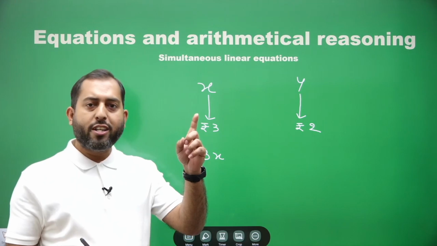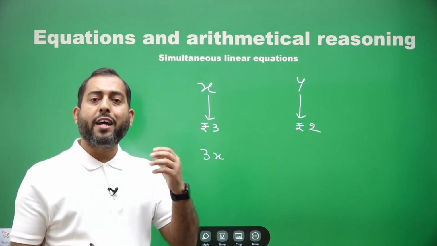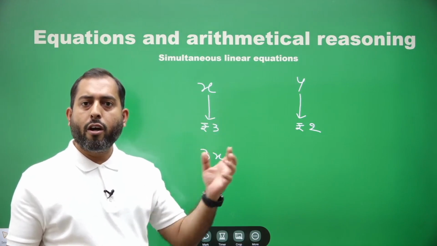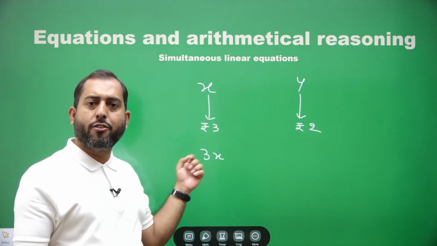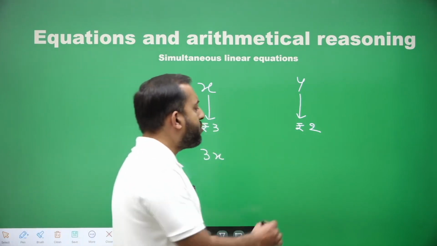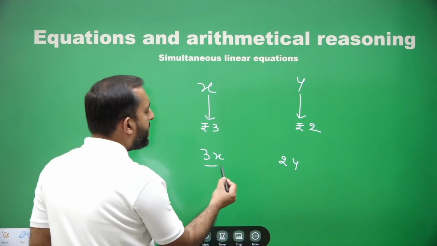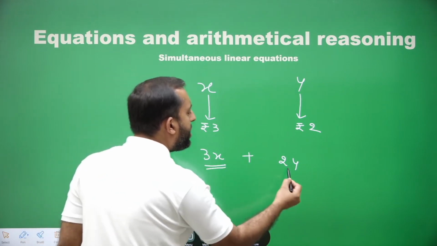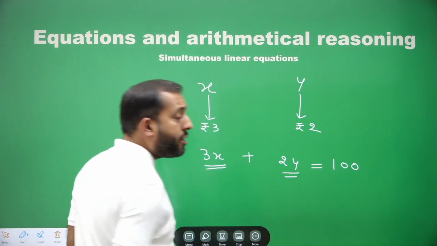Price of two chocolates should be 3 into 2, price of 4 chocolates should be 3 into 4. Here we have X chocolates, so the price must be 3 into X. Similarly, the price of Y toffees must be 2Y. Money spent on chocolate plus money spent on toffees must be equal to the total money, which is 100 in this case.